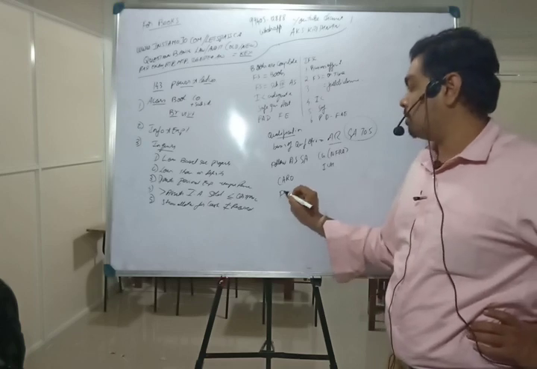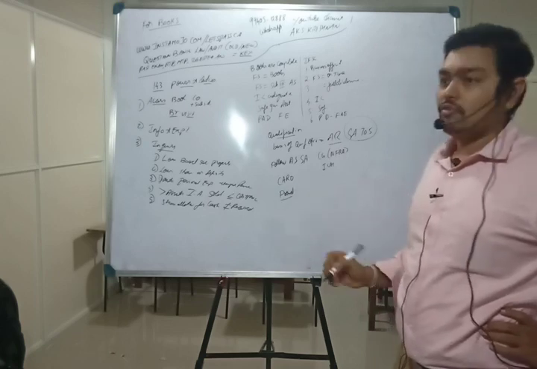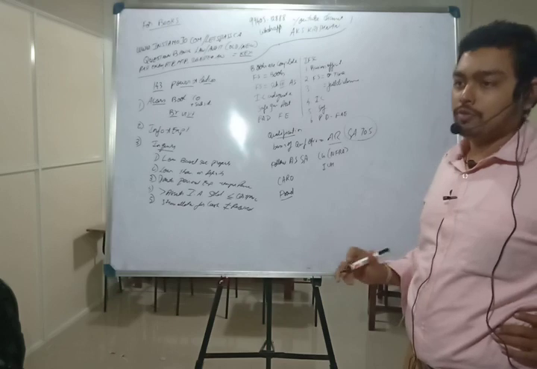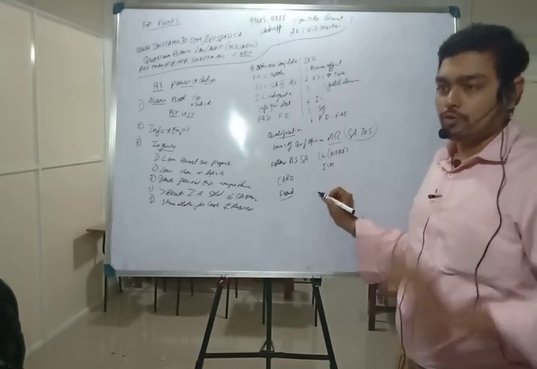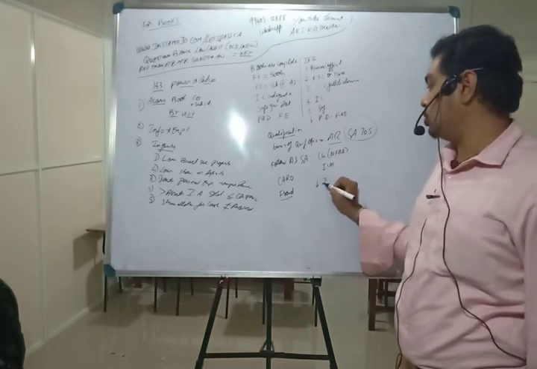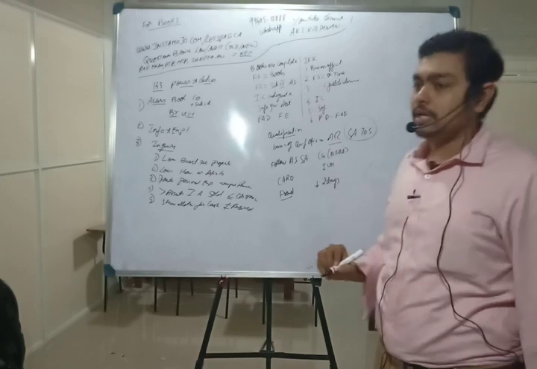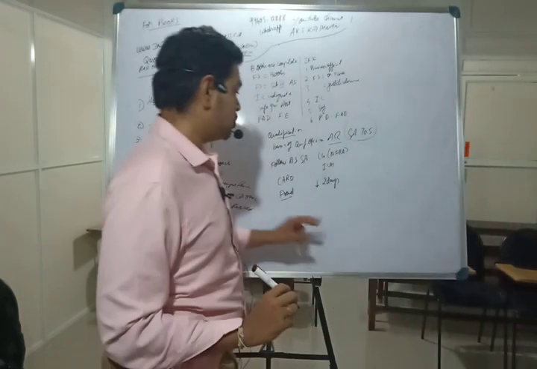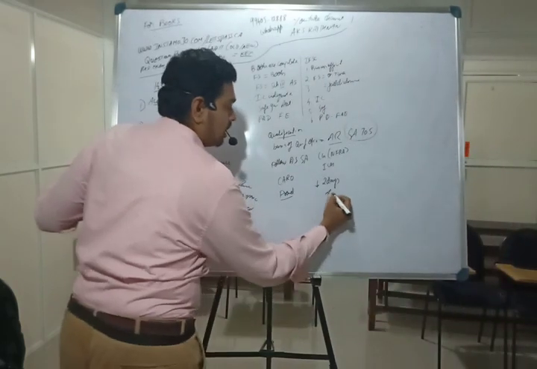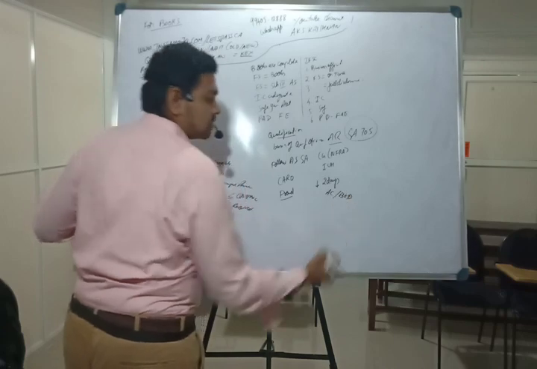Then fraud reporting. When does the auditor have to report fraud, and how? In case the auditor finds fraud, it should be communicated within 2 days to the audit committee or board of directors.